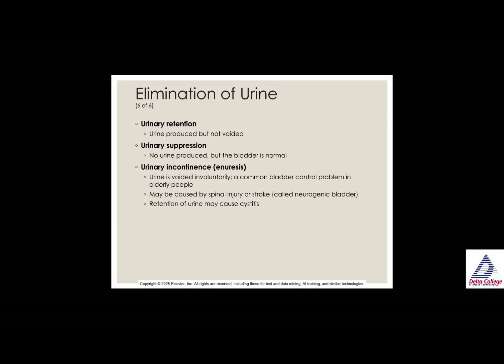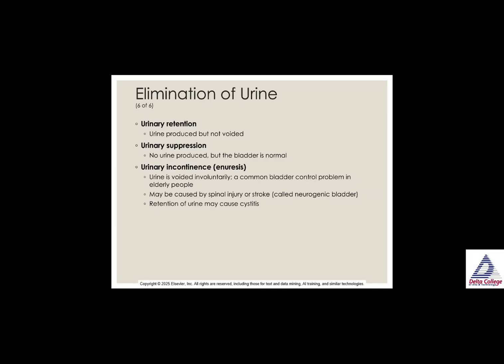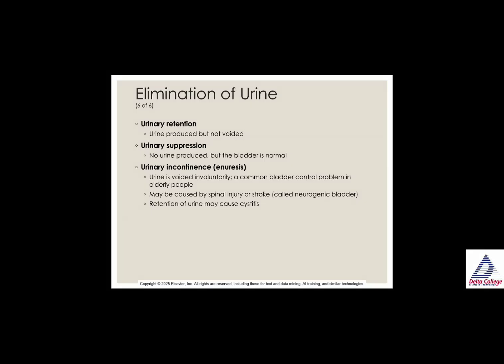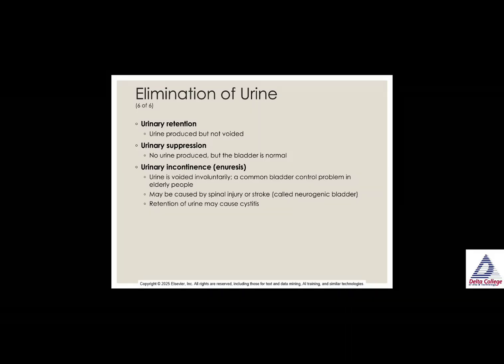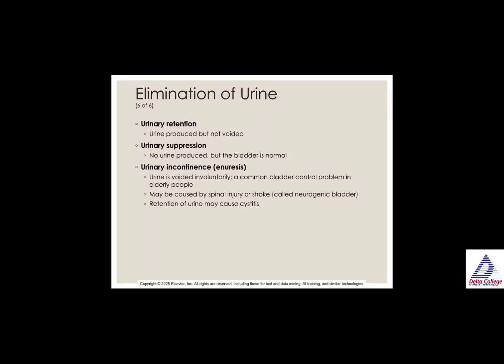This is a common bladder control problem in elderly people and may be caused by a spinal injury or stroke. When it is caused by a spinal injury or stroke, we call it a neurogenic bladder. And retention of urine can cause cystitis, which is an irritation, inflammation of the bladder that becomes an infection quickly.